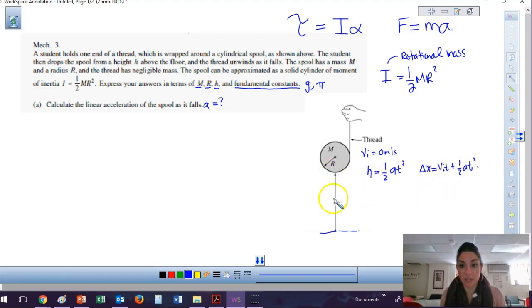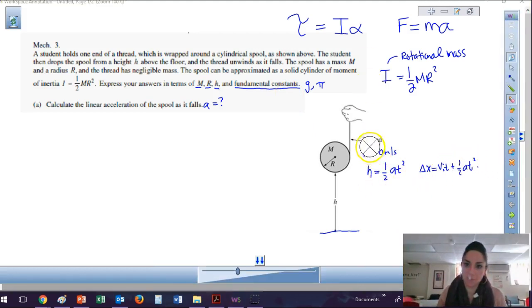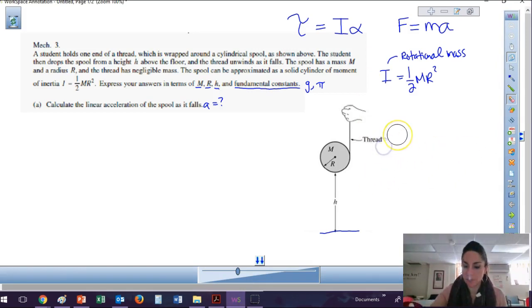Now I used h because that's what they want us to use here. But the problem with this is time, right? Time is not a variable that we can use in this problem. So although this would be the easiest way, we have to scratch this idea. I just want to show you that you can't use this one for that reason.